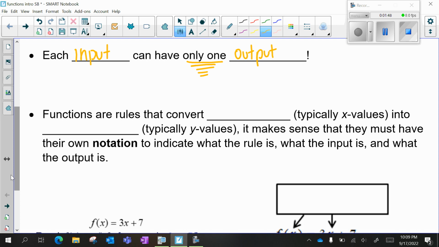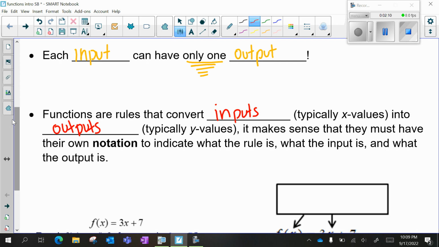So functions are rules that convert inputs, which we typically know as x values, into outputs, which we typically know as y values. So it makes sense that they must have their own notation to indicate what the rule is, what the input is, and what the output is.